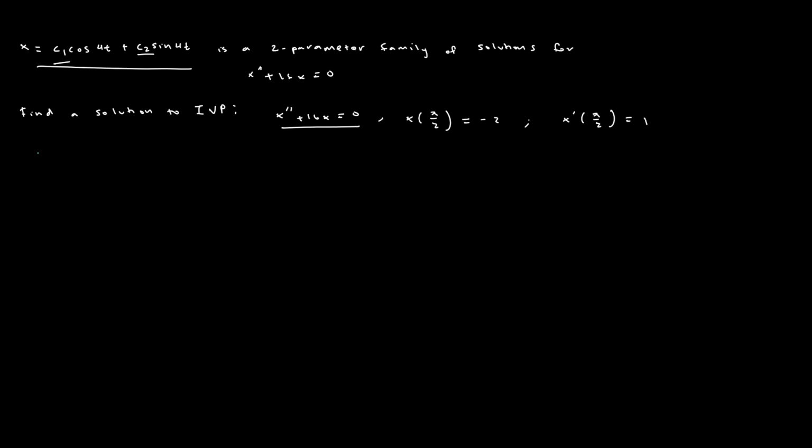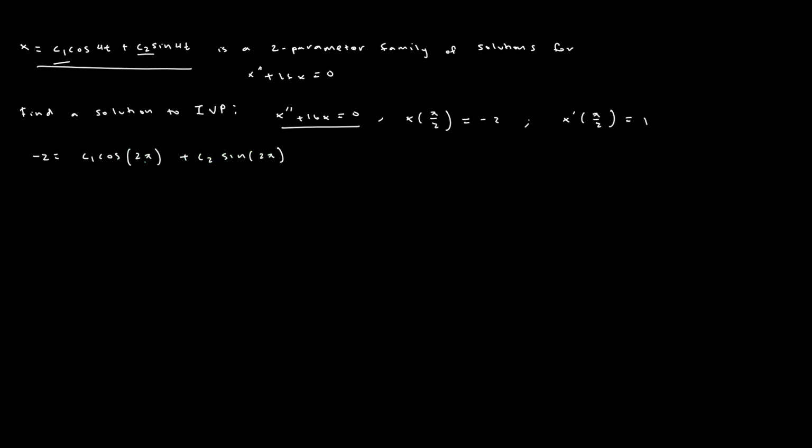So we know x of pi over 2 is equal to -2, so let's just plug that in. So -2 is equal to c1 cosine 2 pi plus c2 sine 2 pi.